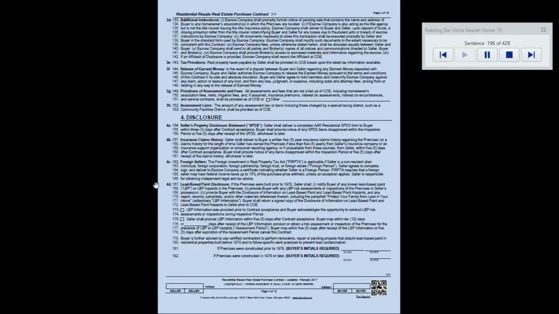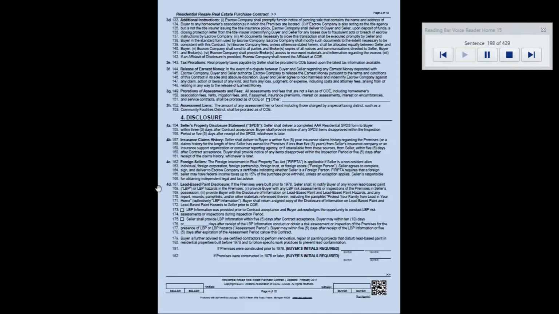4D. Lead-based paint disclosure. If the premises were built prior to 1978, the seller shall 1. Notify the buyer of any known lead-based paint, LBP, or LBP hazards in the premises. 2. Provide the buyer with any LBP risk assessments or inspections of the premises in seller's possession. 3.